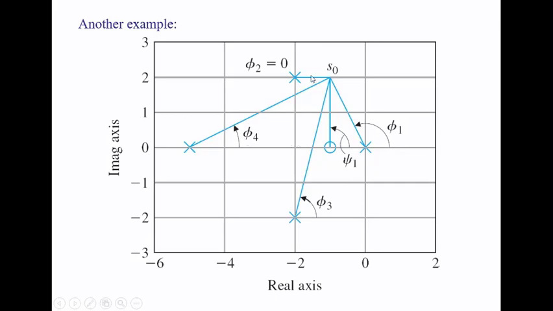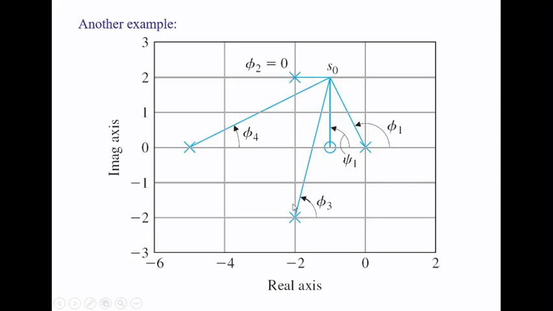Similarly, for each and every pole, we will be writing its angle. For this pole, we can see that it has an angle of 0, because if we plot a vector, it is pointing towards the direction of S0. So the angle of this pole is 0.